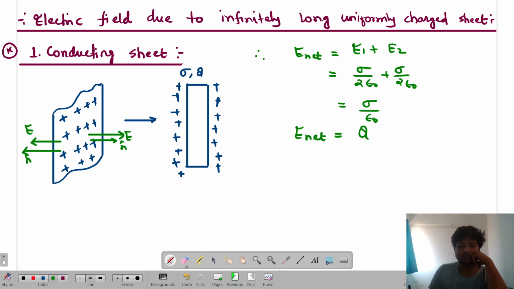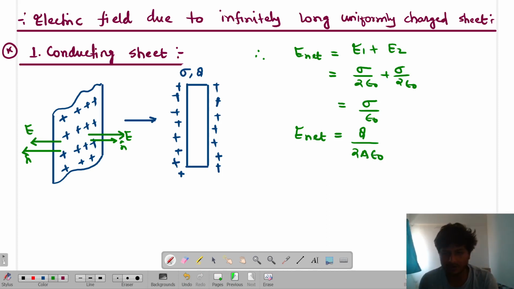So if I write in terms of Q, it is Q divided by twice A epsilon naught. Are you able to get me? Because the value of sigma here is Q by 2A. Is this clear?